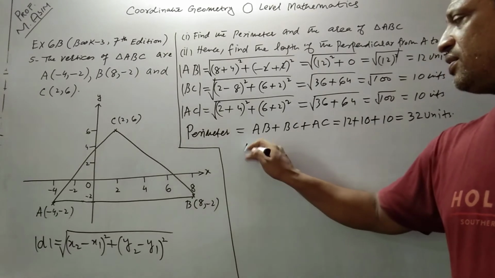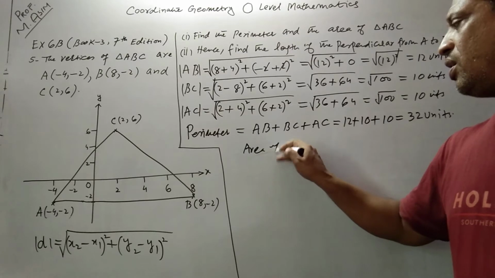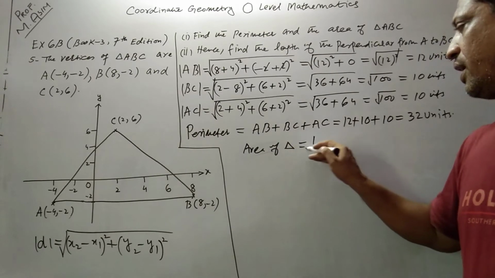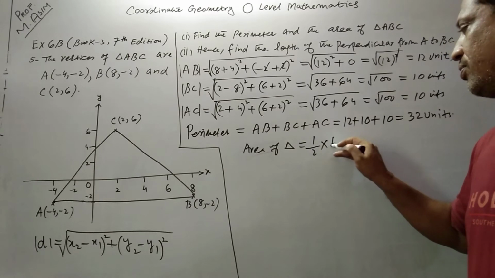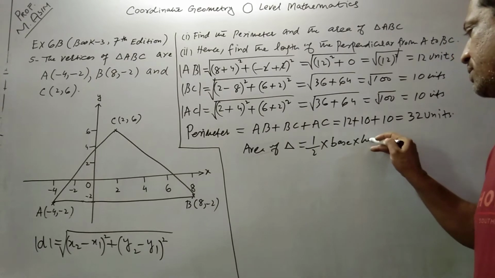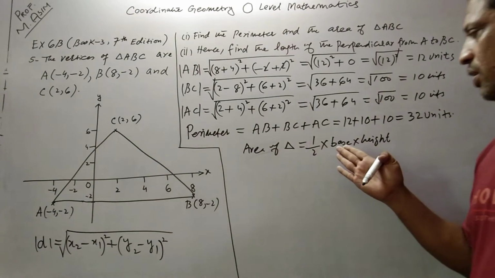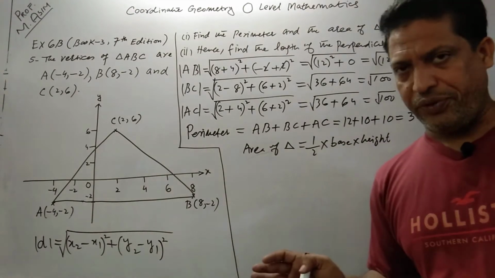First we have to write the general formula of area of triangle. This is the symbol of triangle. What is the formula? Half base times height. I hope this formula is not new for you.